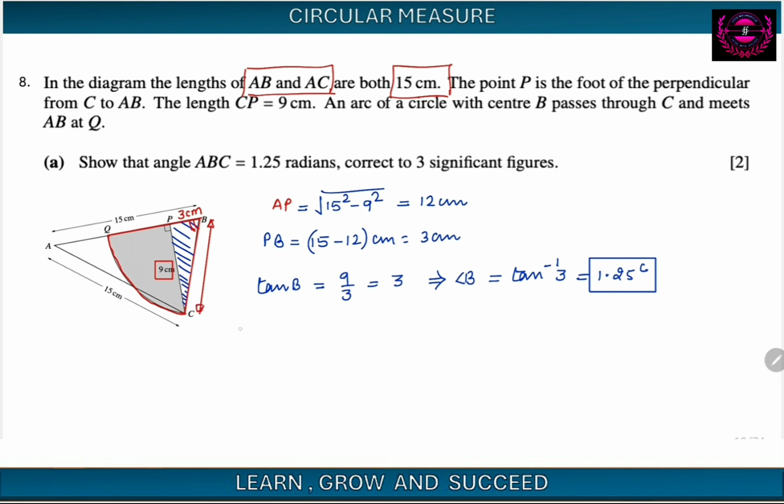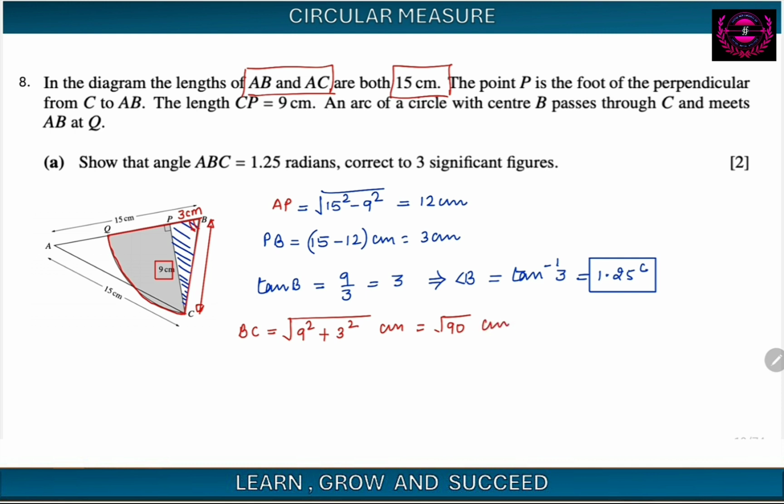BC equals root of 9 squared plus 3 squared, which is root 90 centimeters.